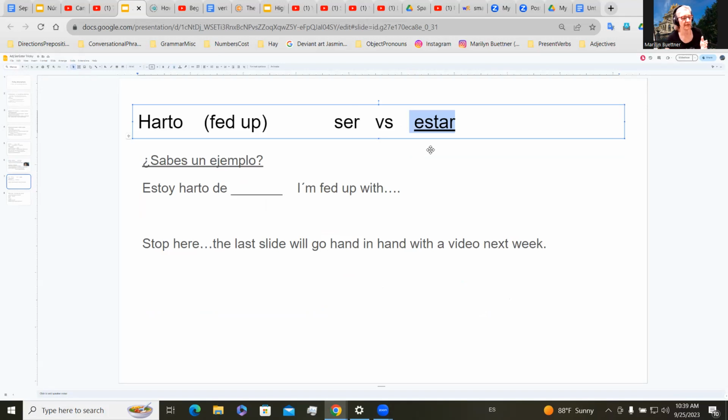But usually when we use the idea of fed up, and I'll let you watch the rest of that video to listen for it, when you say you're fed up with something, you've had enough, you're done. Usually we use it with estar. It could be used with either one, but that is going to be the more common of the two, really.